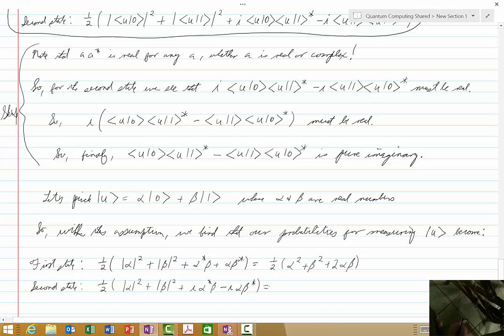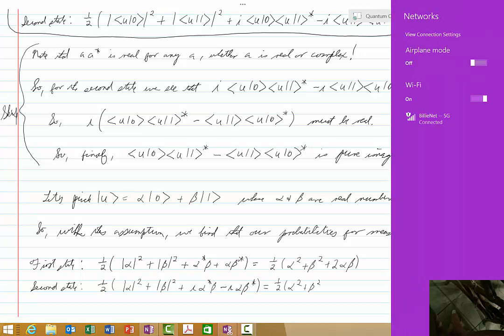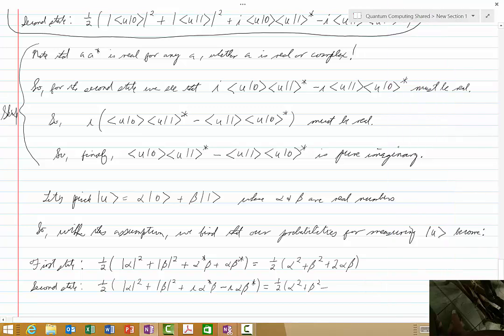But again, since alpha and beta are both real, this would become 1/2 of alpha squared plus beta squared plus I alpha beta minus I alpha beta. And this would simply then be 1/2 of alpha squared plus beta squared.